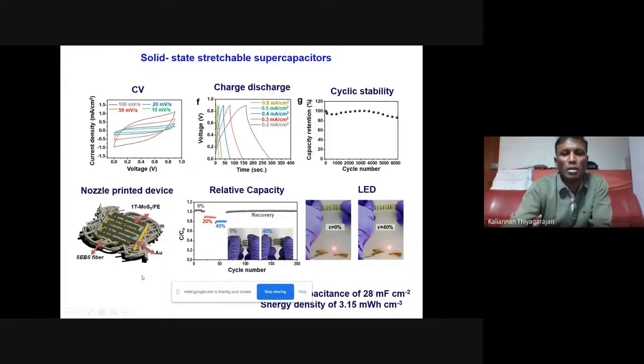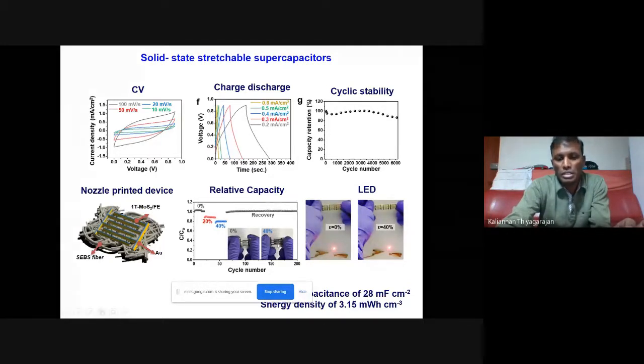Here we checked the supercapacitor property by fabricating the device. These are very small micro supercapacitors. You can see this is the printed one.